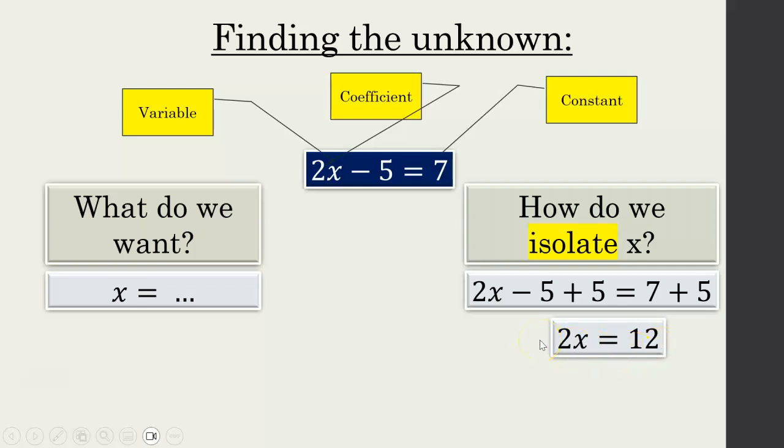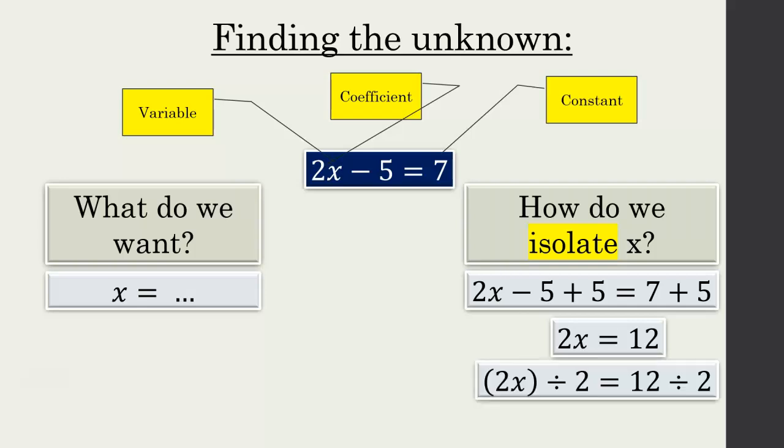Now, am I finished? No. Because I want to find x is equal to something. I have 2 multiplied by x is equal to something. So how am I going to get rid of the 2 multiplied by x? I want just x. Well, if I divide by 2, because I can do that, we can multiply and divide both sides, that's fine.